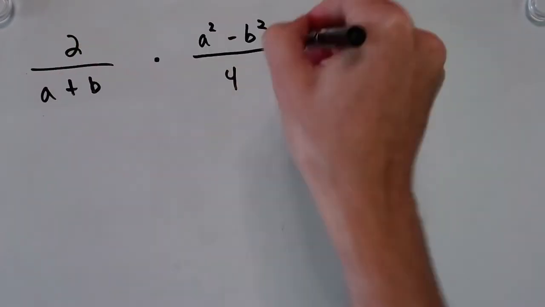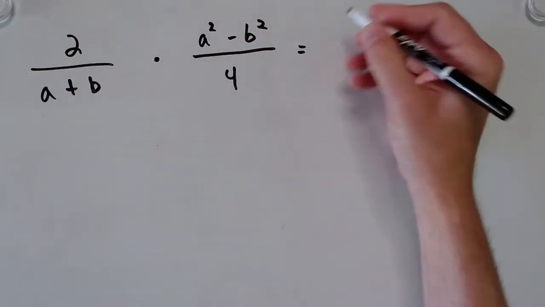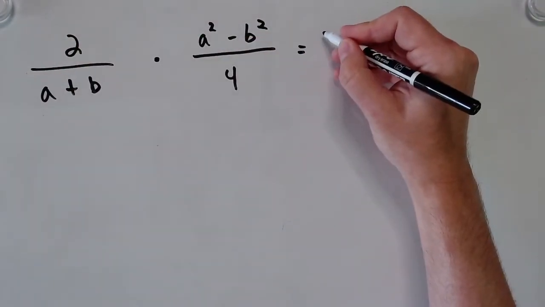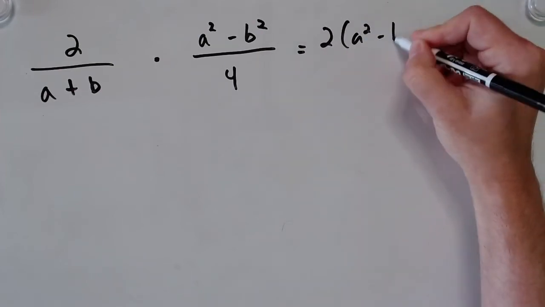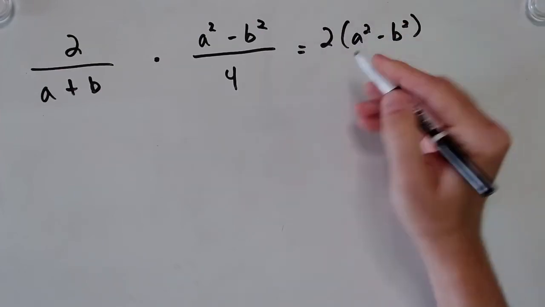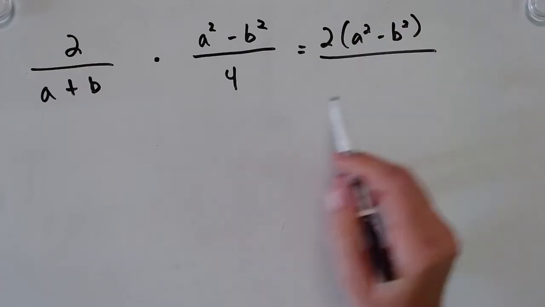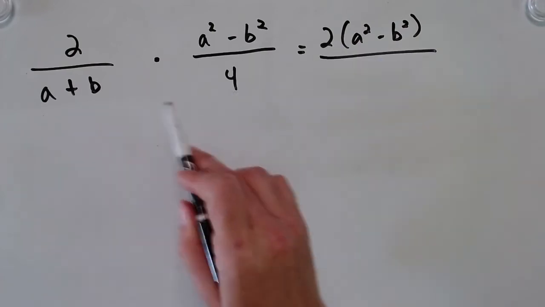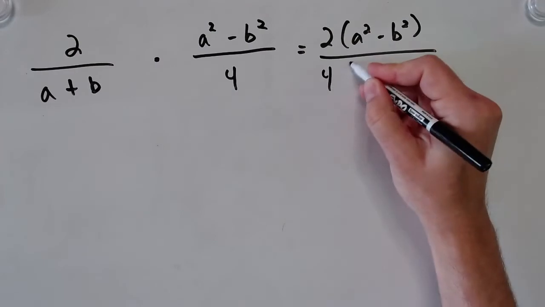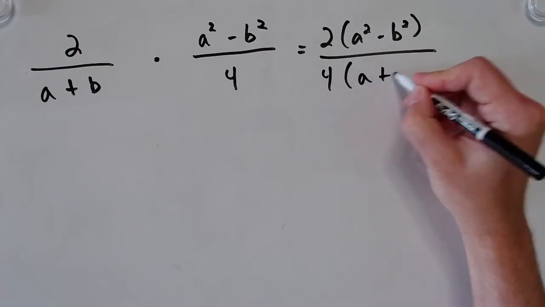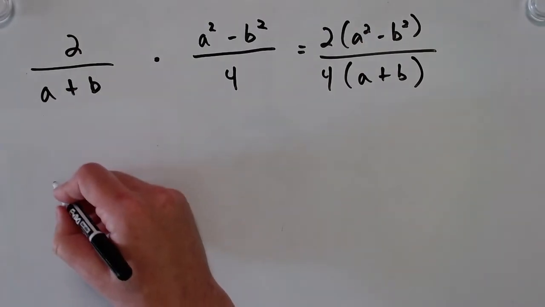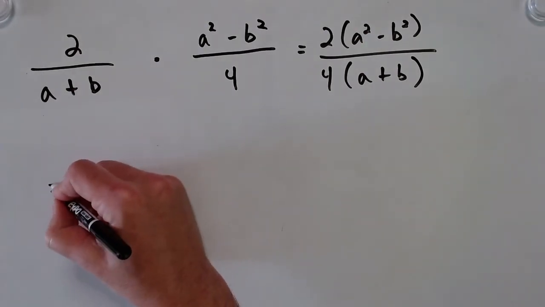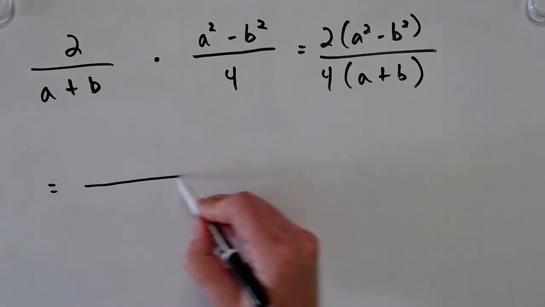Okay, so now we just multiply it across. So I'm just going to kind of rewrite it up here. 2 times a squared minus b squared all over. And just to keep it neat, I'm going to put the number in front of the other stuff. 4 times a plus b. I'm going to jump down here because we need all kinds of room and put a nice happy bar.